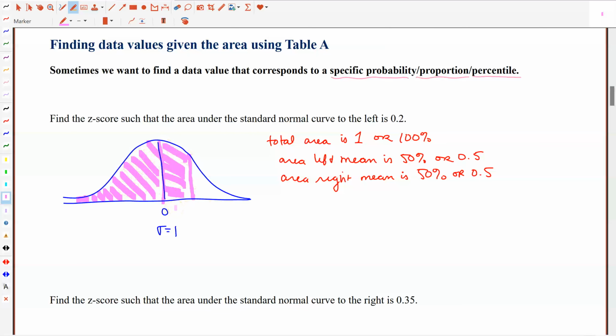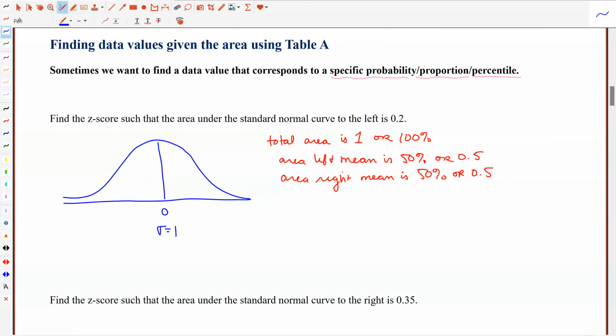So I'd be looking at a positive z-score when I go to my data tables. If I know I'm looking for an area that is less than 50% or less than 0.5, then I know I must be over here to the left of my mean, because that would be all the values that have an area of less than 50%.